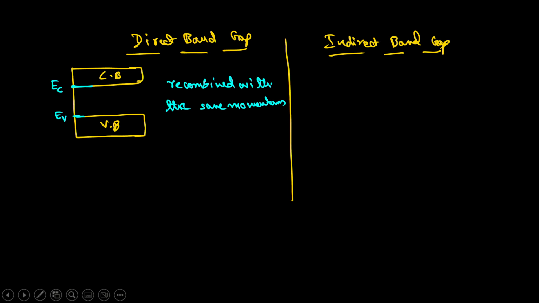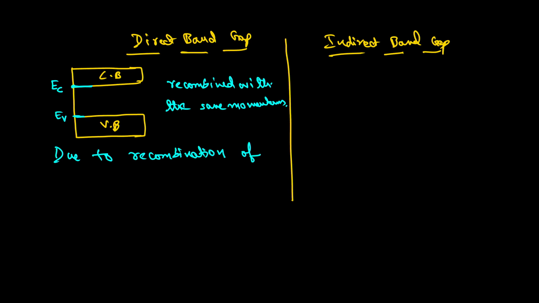So we can write here the recombination process. After the recombination process, it delivers the energy in the form of light. These types of band gaps are direct band gaps. Here it releases the energy in the form of light or in the form of photon.